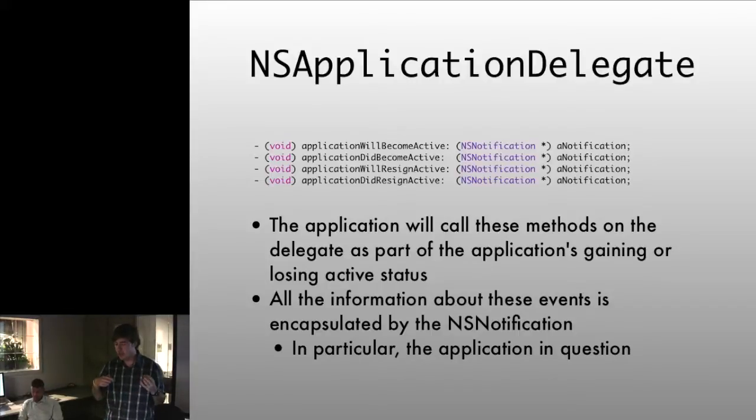So it's very rare, but if you really wanted, you could have one application delegate run multiple applications. I don't know why you would ever do this, but you could. And it can query that notification to figure out which application is the one that launched or which application is the one that terminated. And there's a lot of other information that notification includes, so feel free to read the documentation to see what you can get out of those notifications.